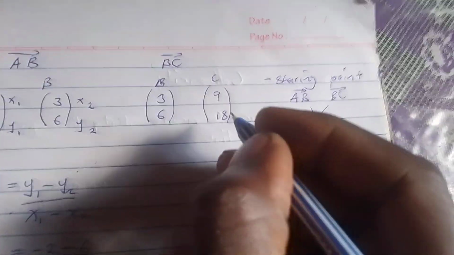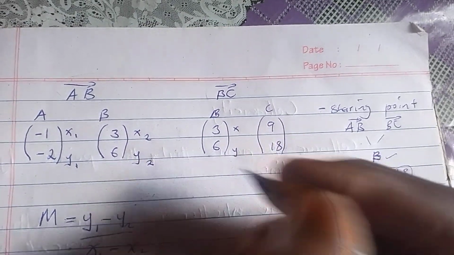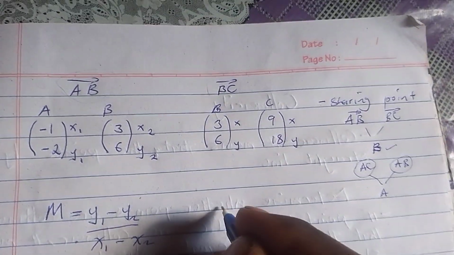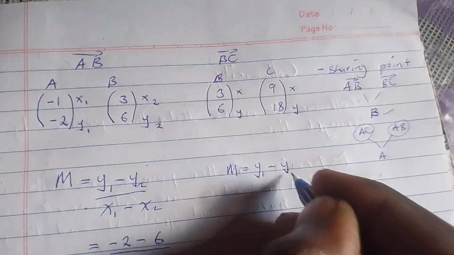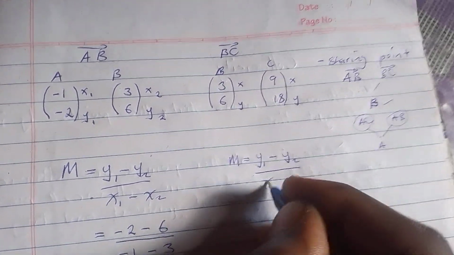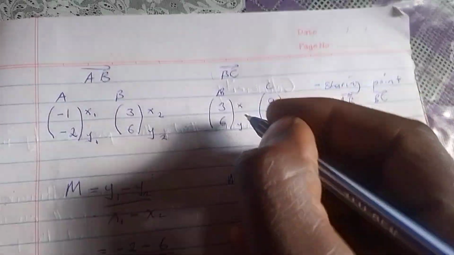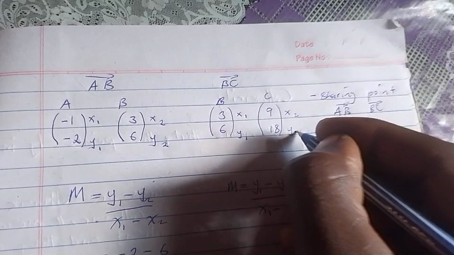Then the second set we made is this one, where the top one is the x and the bottom one is the y. We apply the same formula: gradient is equal to y1 minus y2 over x1 minus x2. We name them respectively: x1, y1 and x2, y2.